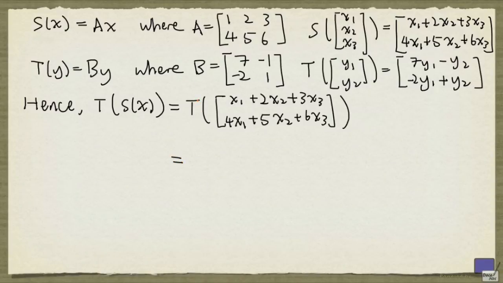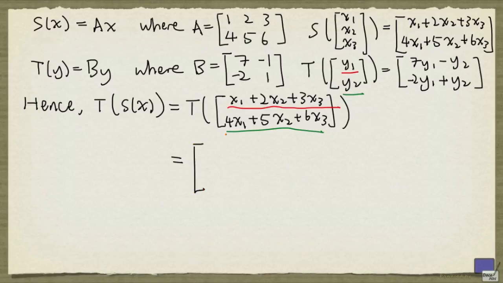Now we're applying T to this two-tuple here, and notice that this is now my y1 and this is now my y2. And I just make the substitution to obtain this tuple.